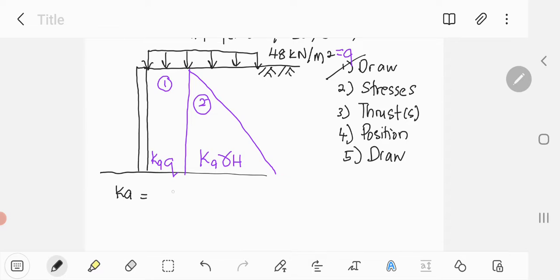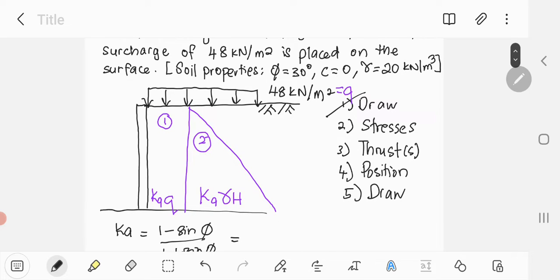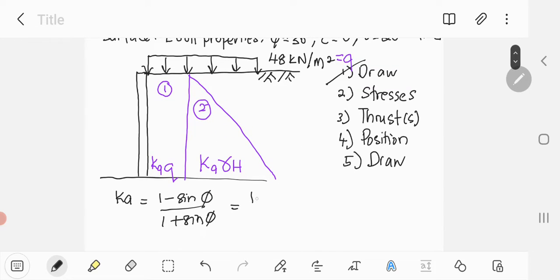Ka is 1 minus sine phi divided by 1 plus sine phi. So the value of your friction angle is 30. When you calculate this, you get the value of Ka as 0.333.